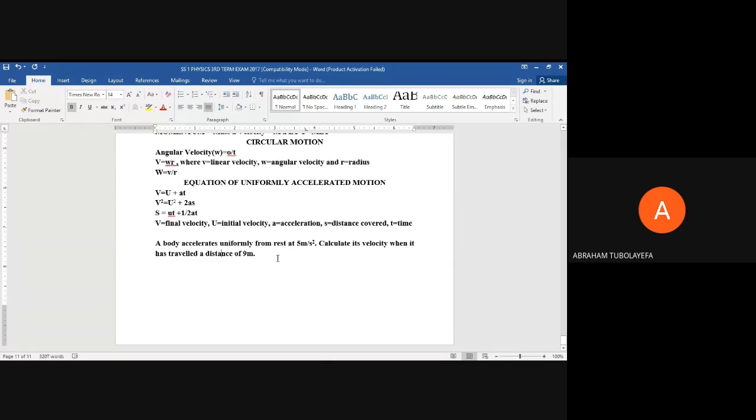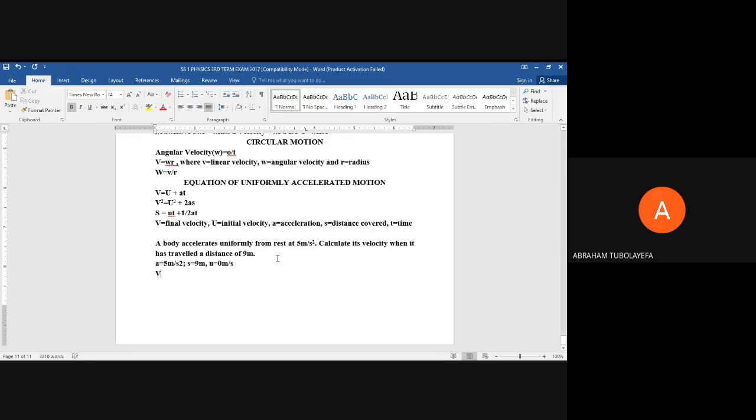So in the question, we are given acceleration as 5 meter per second square. We are given distance S as 9 meter, and U as 0 meter per second.